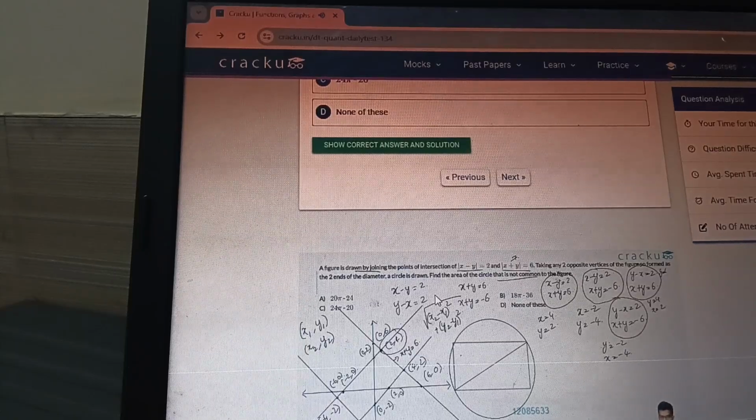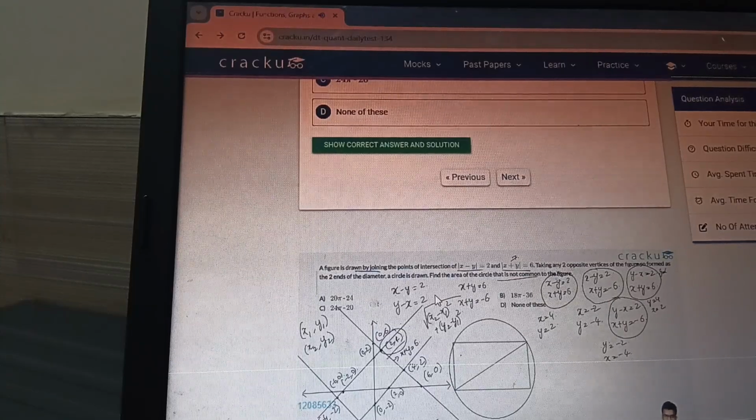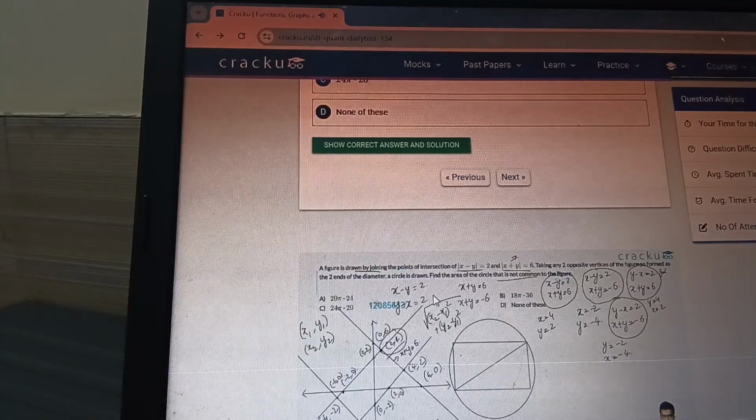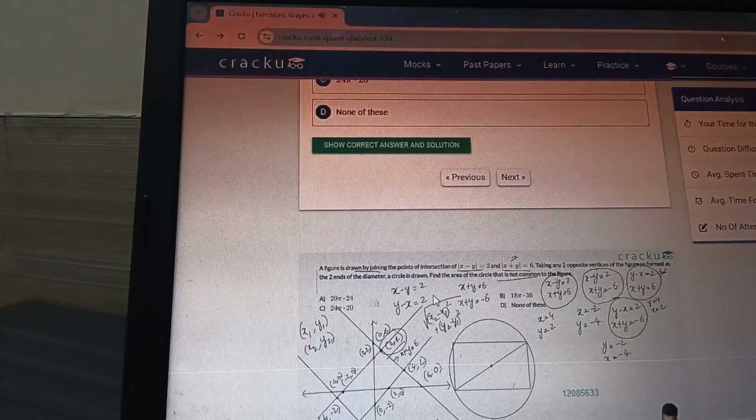In this particular case, the length of the diameter will be the distance between these 2 points, which will be square root of 8 square, because 4 minus of -4 is 8, plus 2 minus of -2 is 4, plus 4 square. This is equal to square root of 64 plus 16, which is equal to square root of 80. This is the diameter. Square root of 80 can be simplified to equal 4 square root of 5. So the radius will be half of it, or the radius is equal to 2 square root of 5.